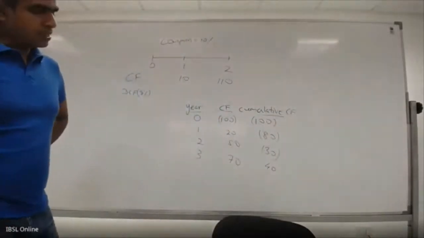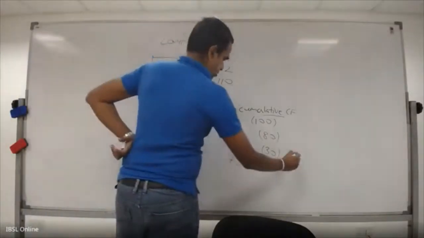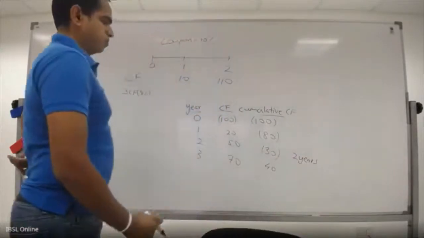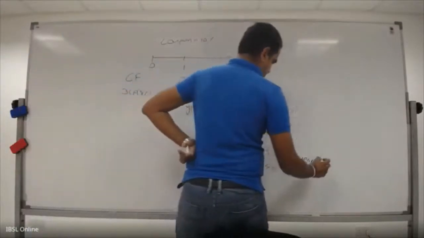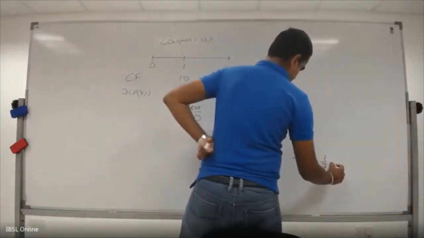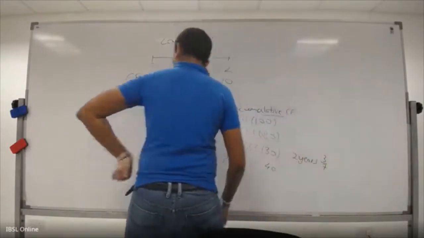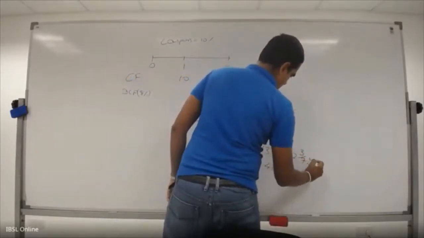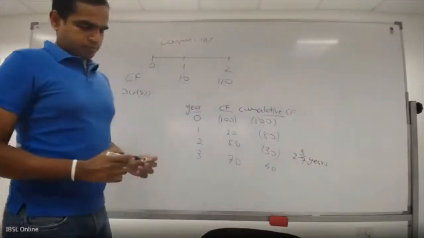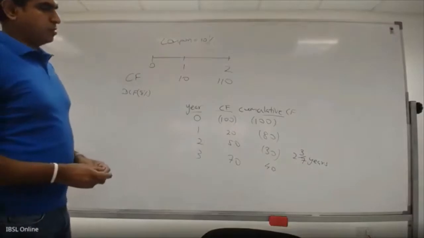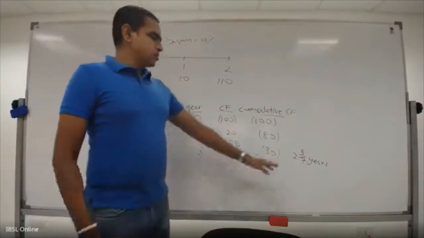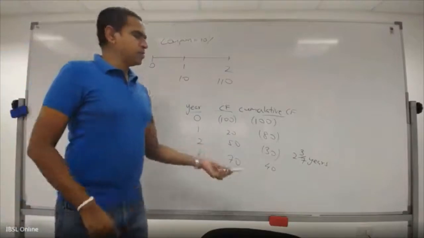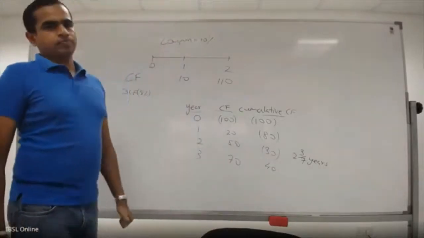Right, so the payback period of this project is 2 years, 3/7. 3/7 years, which means within 3/7 years, you recover your cash flows.